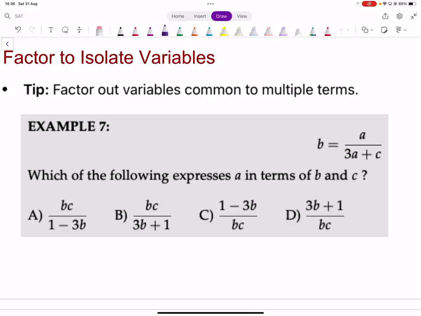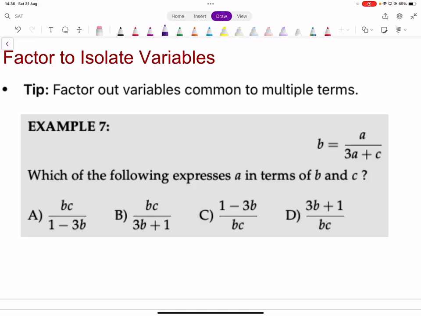Again, you want to express A in terms of B and C, so you need to make A the subject. What do we do now? How do you make A the subject?